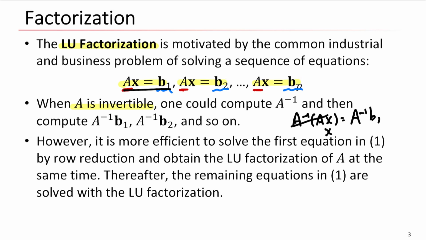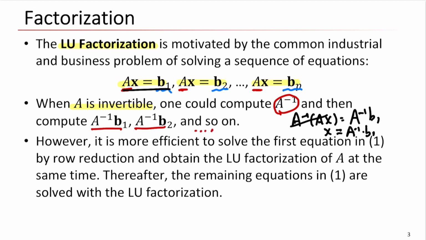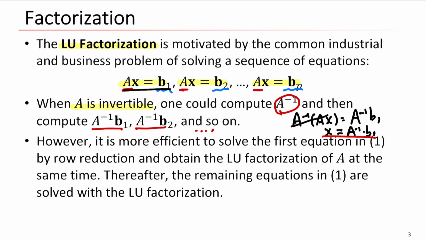So the solution will be A inverse times b1. So if A is invertible, we can find A inverse, then compute A inverse b1, A inverse b2, and so on, right?